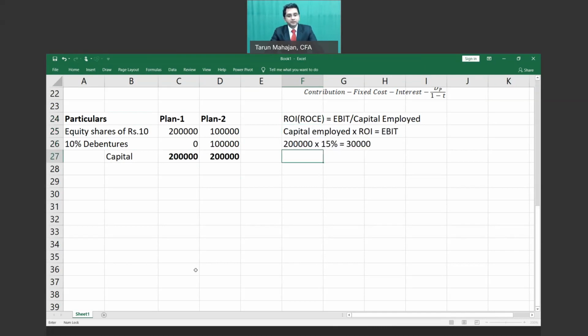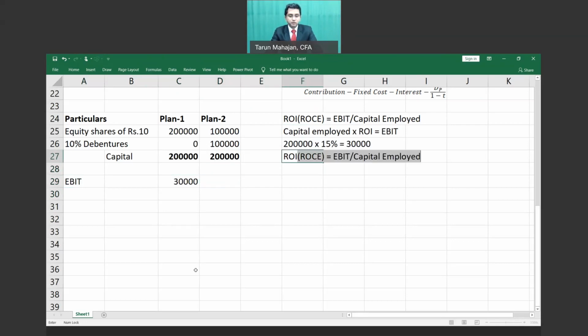So that way, our EBIT will be 30,000 rupees. You are going to start a new business where the capital investment requirement is 2 lakh rupees and the rate of return in the business is expected to be 15%. So you actually expect EBIT of rupees 30,000, that is at the ROI of 15%.